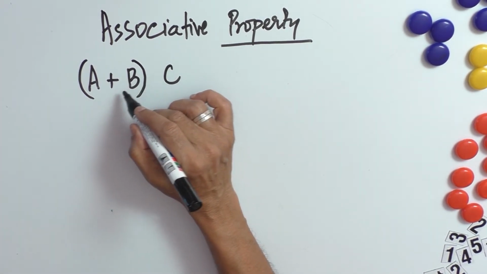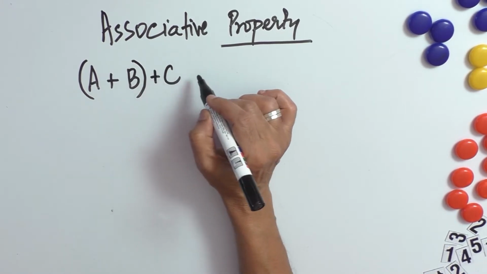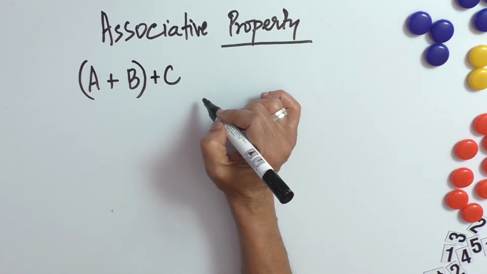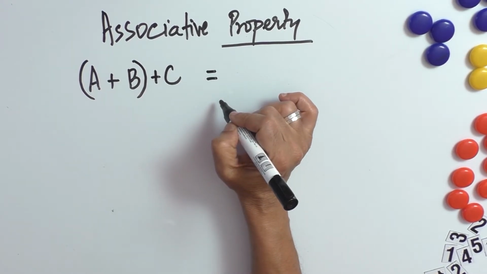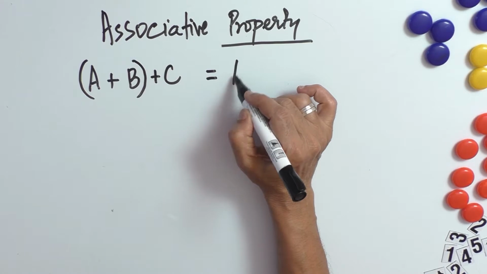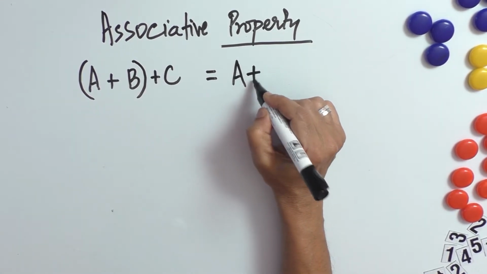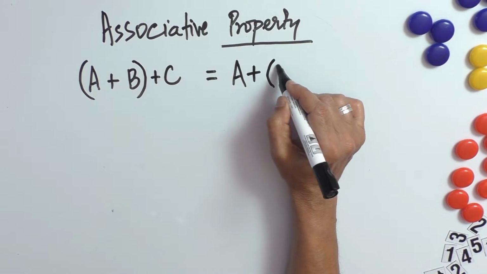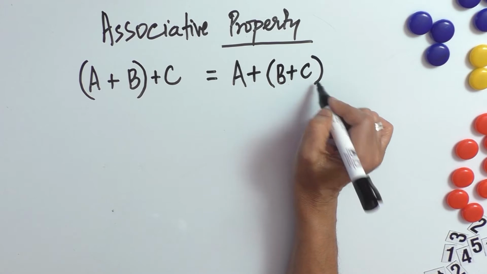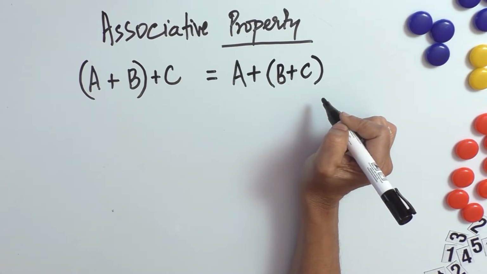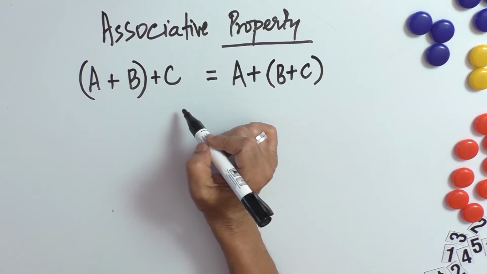Then I take the value of A and B and then add it with the C. Now, the other way is, I take A independently and then add it with the value of B plus C. Okay. So, there are 3 sets A, B, C.